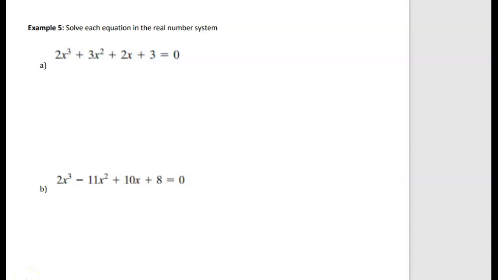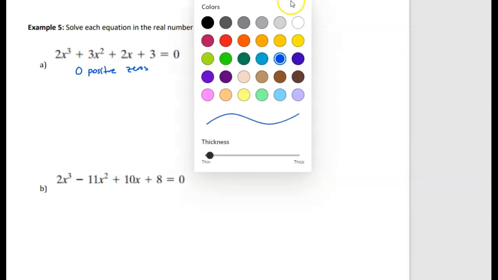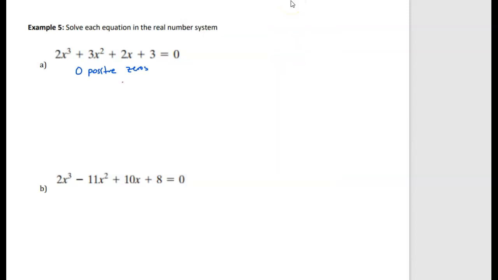Let's look at sign changes. So here there are no sign changes, which means we have 0 positive zeros. Okay, this is very useful, right? Because I know not to look for positive solutions. Let's plug in negative x. We get negative 2x cubed plus 3x squared minus 2x plus 3.